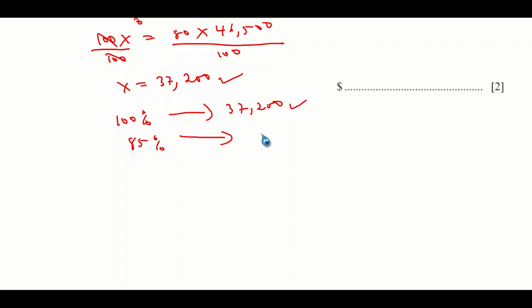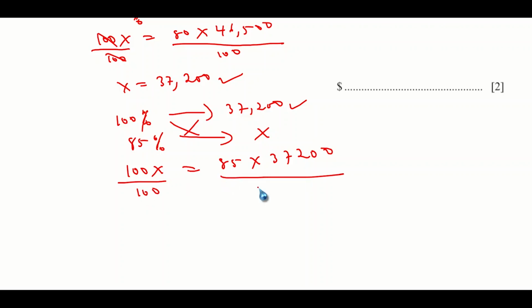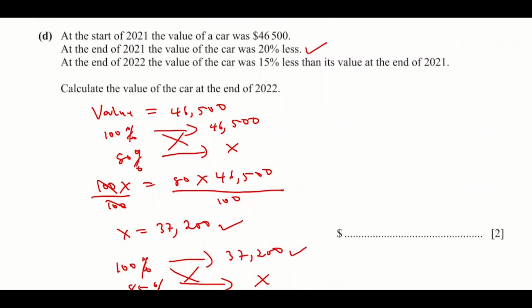So what would be the value of the car at 85%? Percentage cancels percentage, so you can cross multiply. We have 100x equals 85 multiplied by 37200.